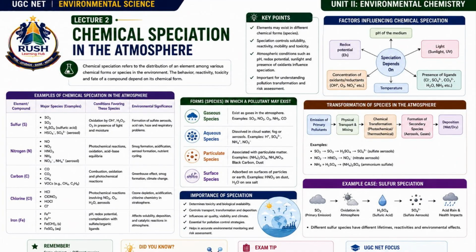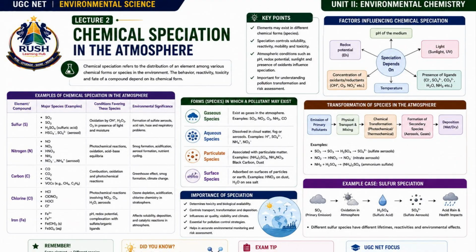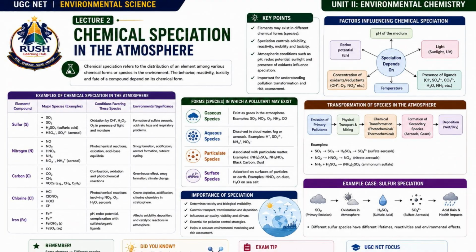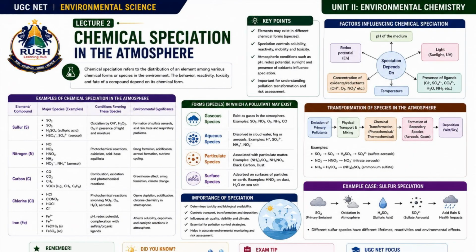The second reason is pollutant transport. Chemical species determine how pollutants move through air, water, and soil. The third reason is climate and air quality. Certain species contribute to aerosol formation, cloud processes, and atmospheric radiative balance.